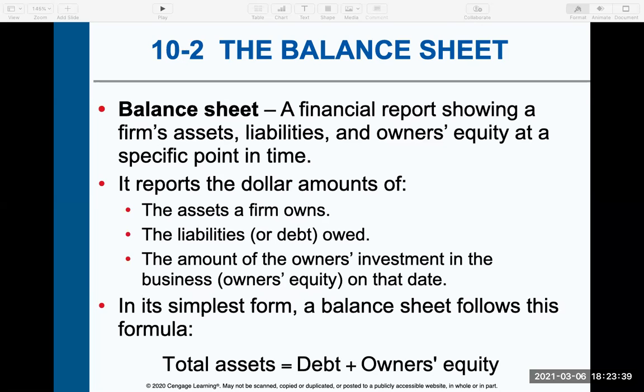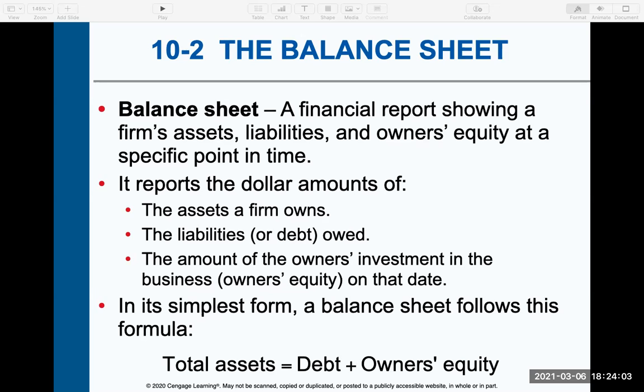The biggest difference between the balance sheet and the income statement is that while the income statement is showing profitability, the balance sheet is showing me my financial position and health of my organization at a specific point in time. So we're looking at the assets that we own, the things that we owe, and the amount of investment that we have per our shareholders, the owner's investment, owner's equity.